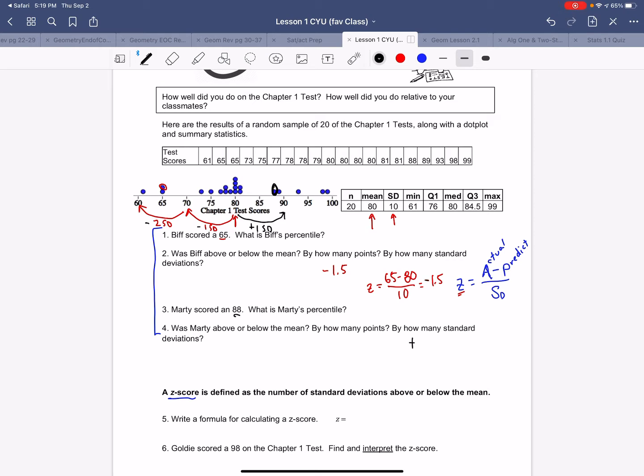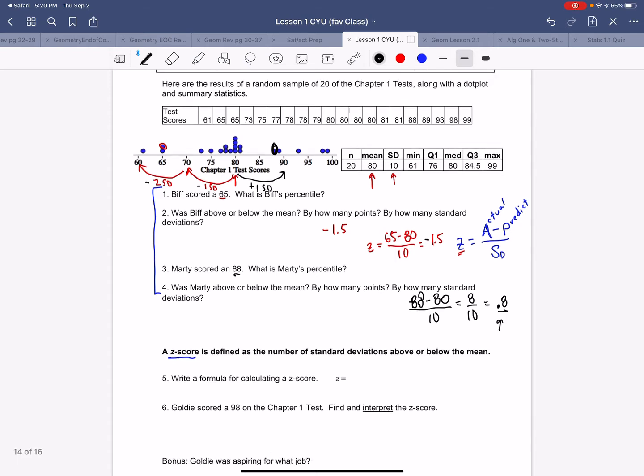We notice that he's a little less than 1 standard deviation above the mean. So his score, 88, his actual score, take away, we'd predict him to get the average, and we end up getting, that is his z-score. So it's not quite 1, and that number is exactly not quite 1. So that's what standard deviation means.